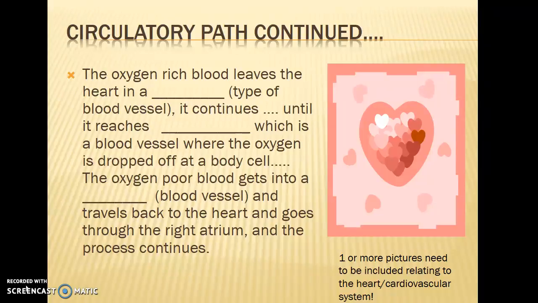Again, you're going to explain what that is, and how it continues until it reaches another type of blood vessel where the oxygen is dropped off at the body cell, and then the oxygen-poor blood would get into a third type of blood vessel and travels back to the heart and goes to the right atrium, and the process continues. So we got all the way back to the right atrium. That's where we started. So we've completed the path.